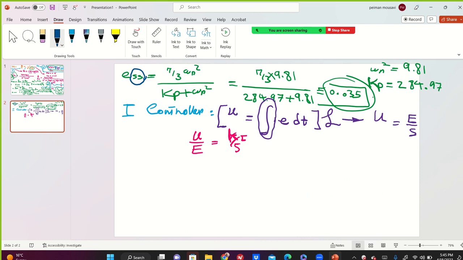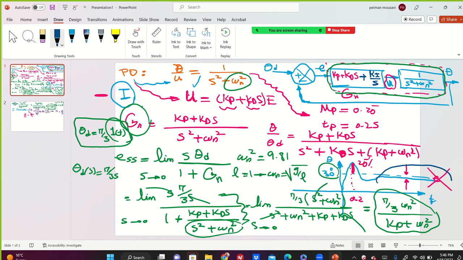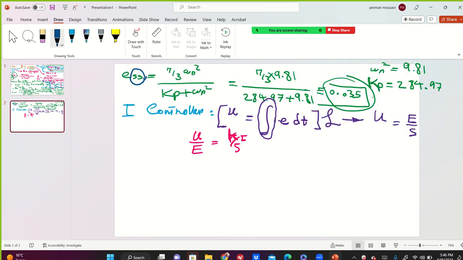The I controller fixes the steady state part of the response. The PD controller tunes the transient response. So this is the function of PD, this is the function of I, to modify the system. Everybody clear?